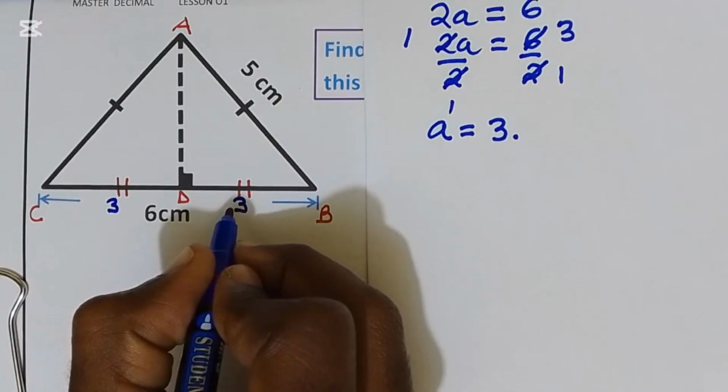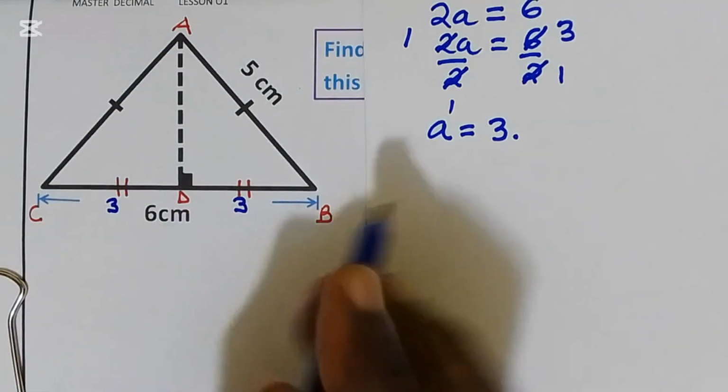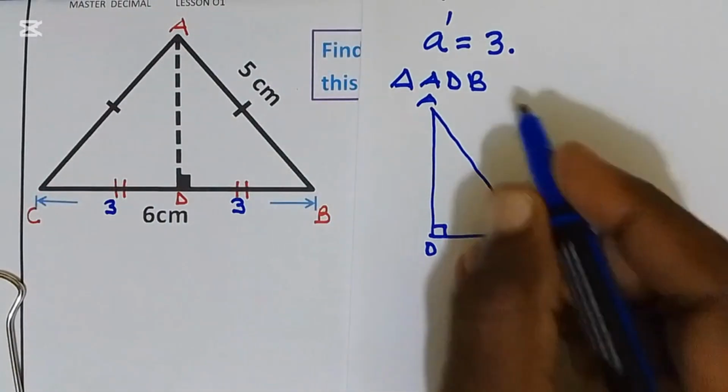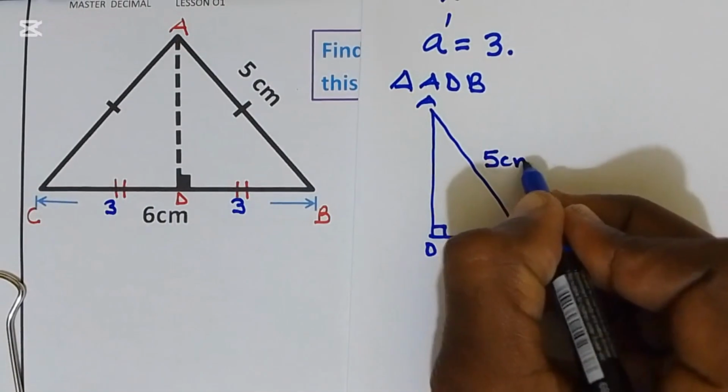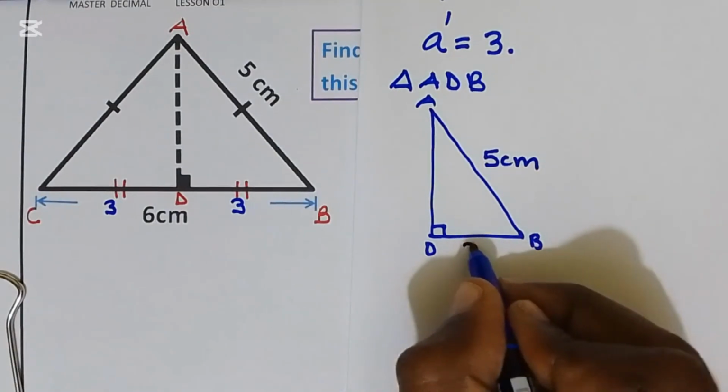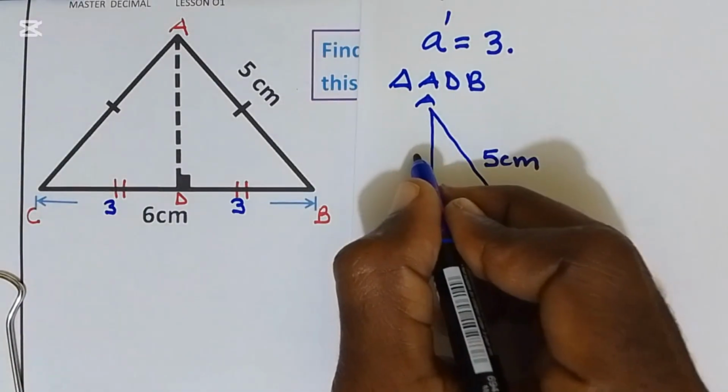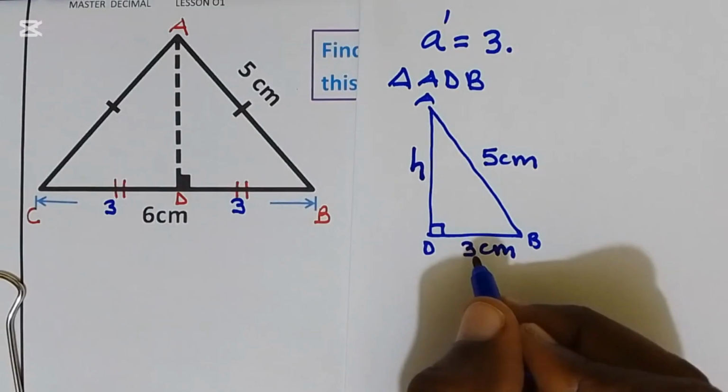I'm going to take triangle ADB to get the height. Here they give us 5 centimeters, and here we have 3 centimeters. So we can get the height by using the Pythagoras theorem.